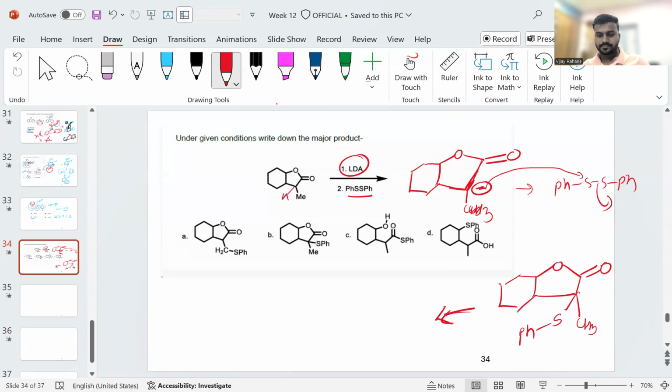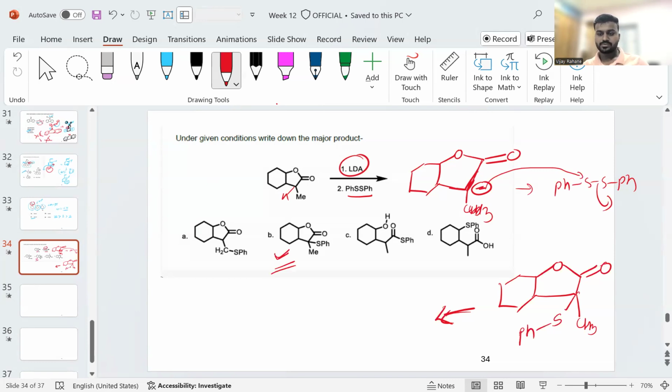So either this reaction moves only up to B or proceeds further.